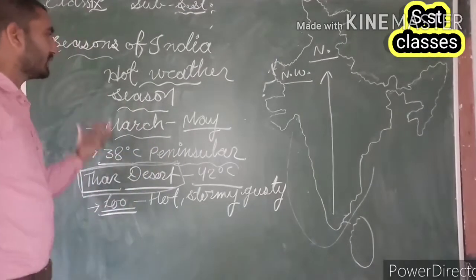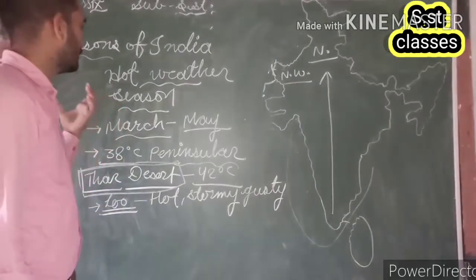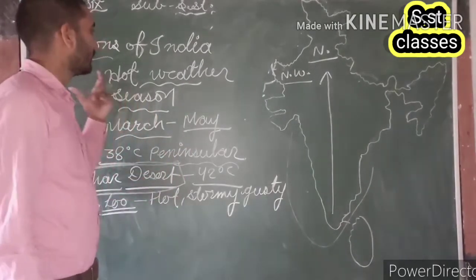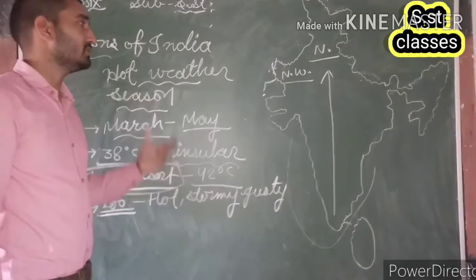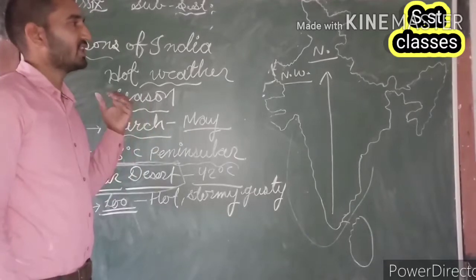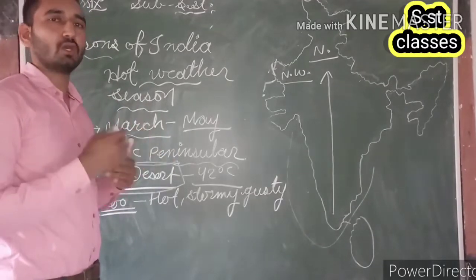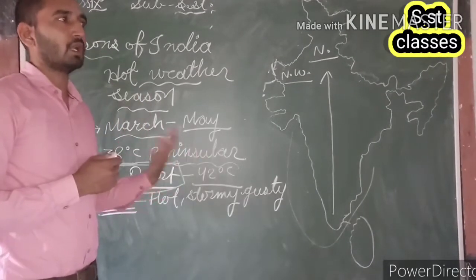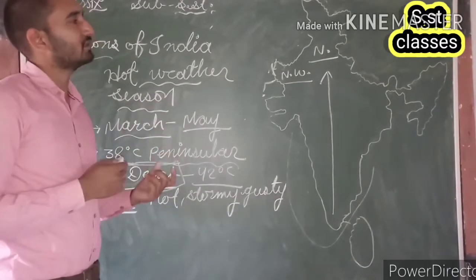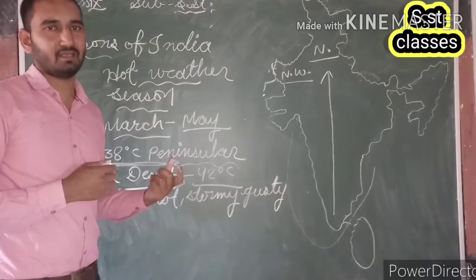So a small amount of rainfall is caused by the winds or the dust storms during the hot weather season, and these storms generally come along with thunderstorms and thunderclaps, and are called Kal Baisakhi.